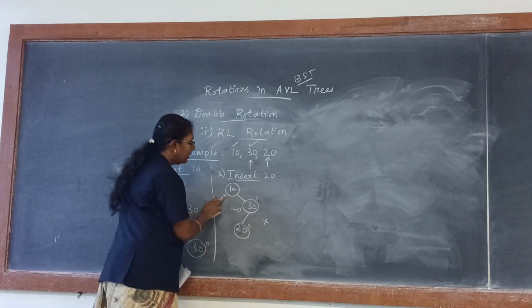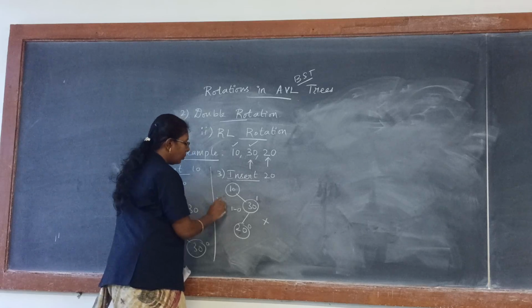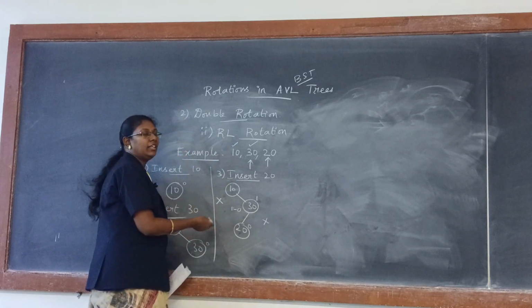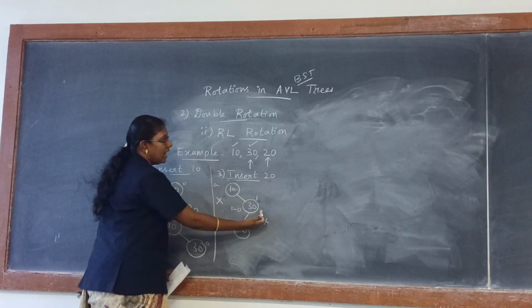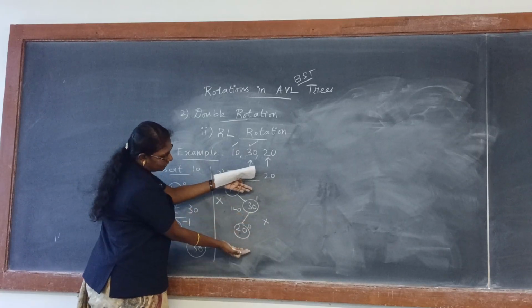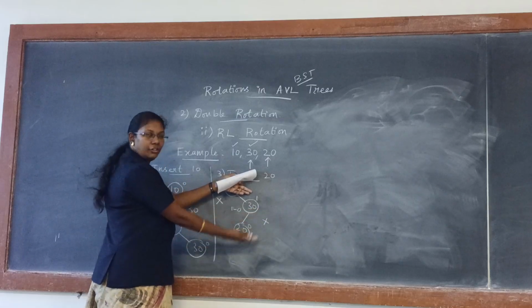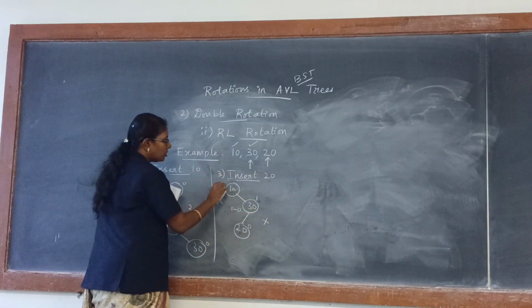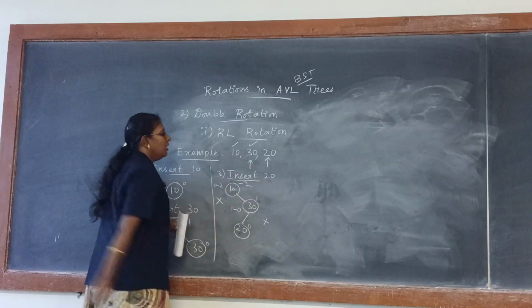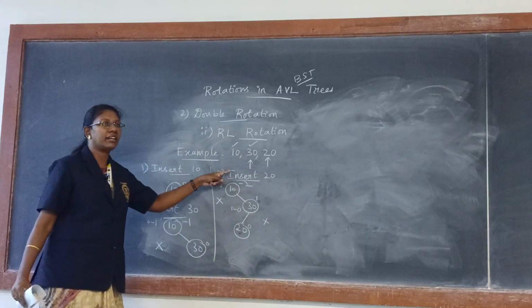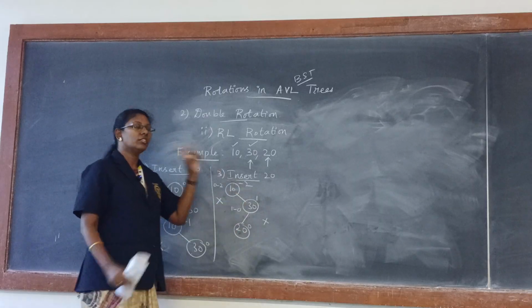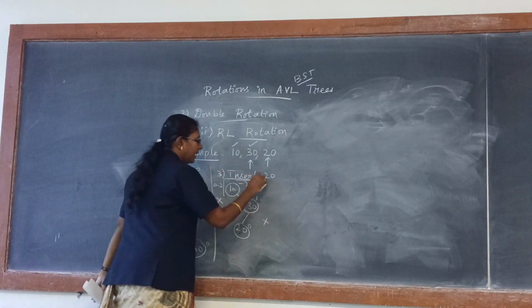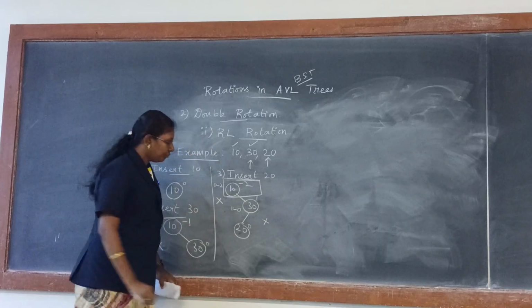For node 10, there is no left subtree at all, so the left subtree's value is 0, minus the right subtree, where the levels are 2, so the height is also 2. So 0 minus 2 is minus 2 here. Comparing all the balance factors of these nodes: here 0, here 1, and here minus 2. That means an imbalance occurred at this point.